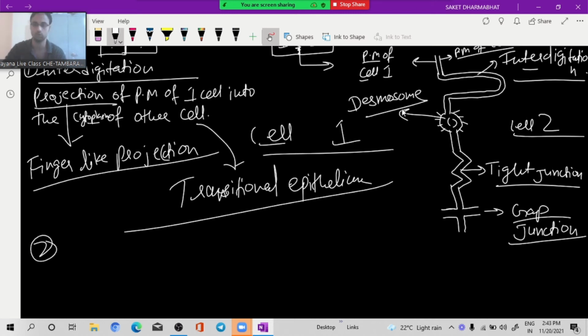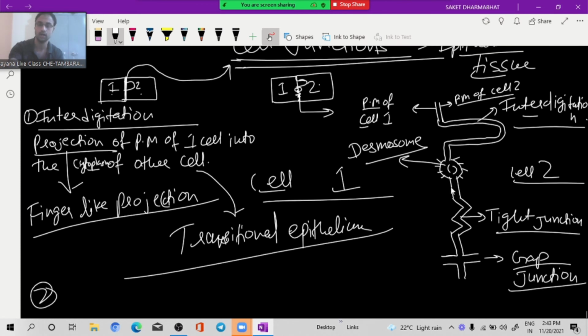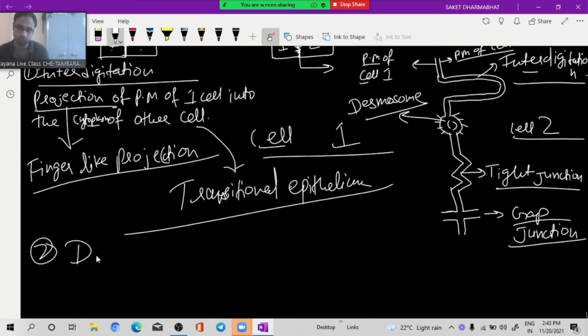Second, which structure are we seeing here? This one, desmosome. Desmo means what? Button. It is looking like a button. Desmosome is also called macula adherentia.